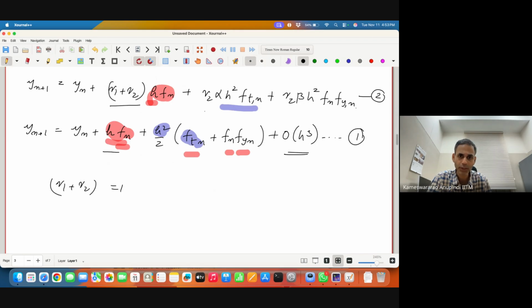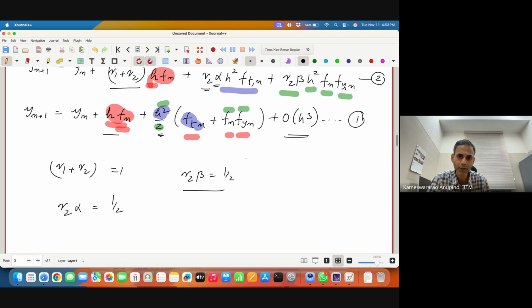That means this coefficient, gamma 2 alpha, equals 1 by 2, right? Then the third term is h square f_n f_y n, with h square outside. So again gamma 2 beta equals 1 by 2, right?